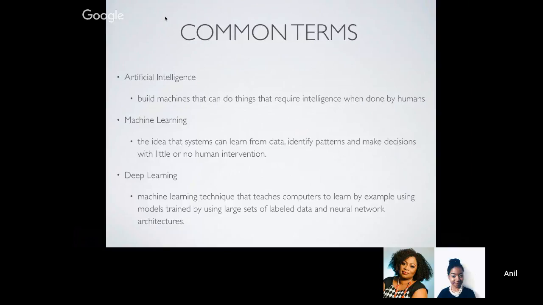Artificial intelligence has been around a long time. A lot of people, when they hear artificial intelligence, think first of Terminator and Skynet. But really, all artificial intelligence means is that we want machines to do things that require the intelligence that humans have.